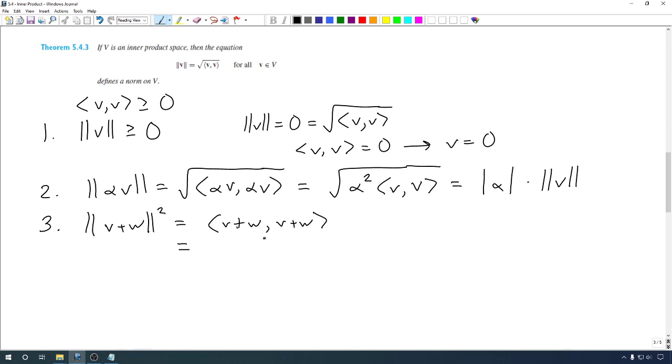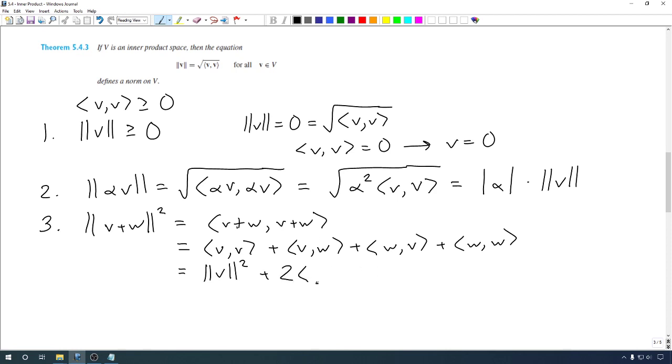We can expand that out exactly the same way we did in the last one, except now we don't have to deal with alphas and betas. And then what do we have? Well, this is norm of v squared. Again, these are the same thing, so we'll put a 2. And then we have norm of w squared.